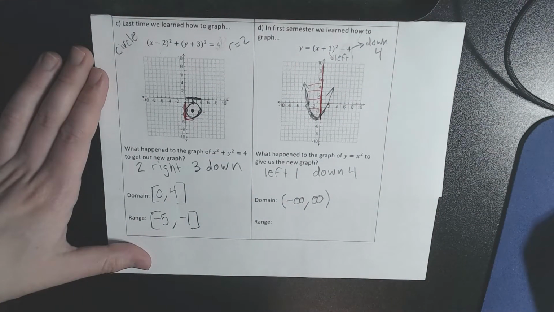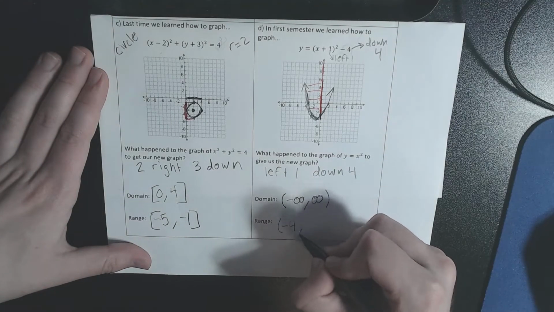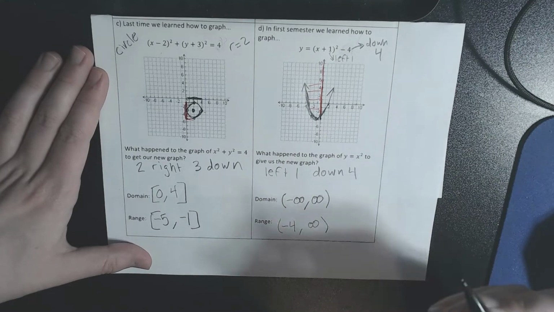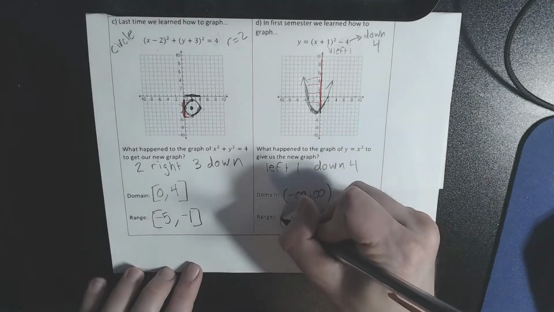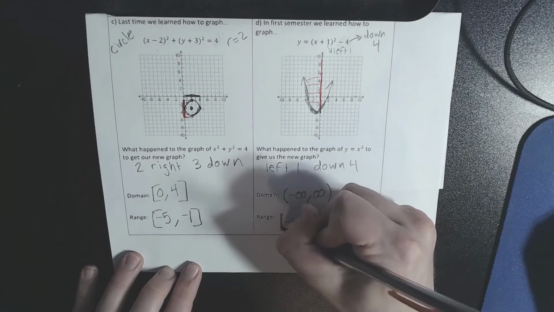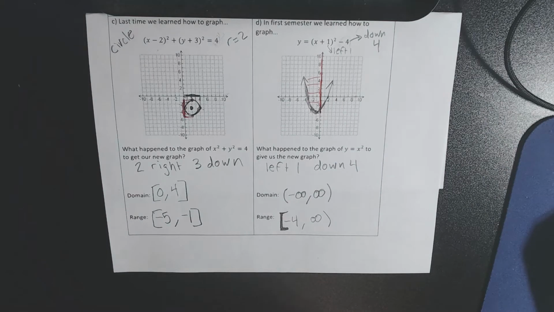So it's from -4, and then it goes up all the way to infinity. Okay, so -4. Oh, and sorry, we should have a bracket on the -4 because we are including -4. It does get hit at the vertex. Okay, and that's our range. Oh, home on the range.